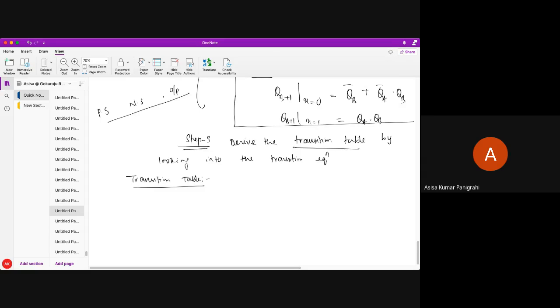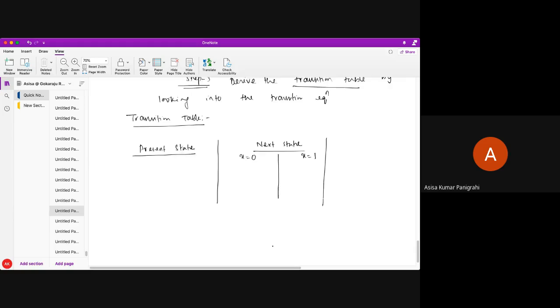So here you can see my transition table would have present state, and next state. In the next state, for input x equal to 0, I have some next state. For input x equal to 1, I have some next state. Am I correct, students?